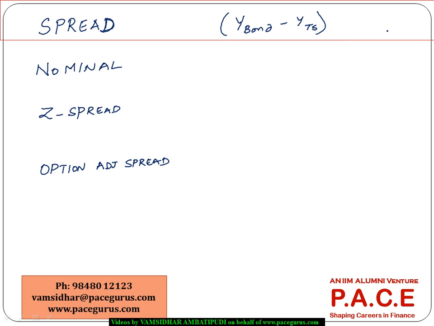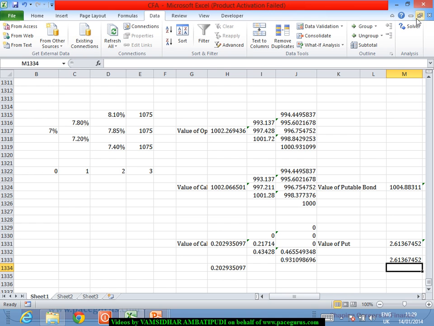Now just to understand, let's say my treasury yield to maturity is somewhere around 6%. The treasury yield to maturity, let me assume that it is around 6% for the same example, right?